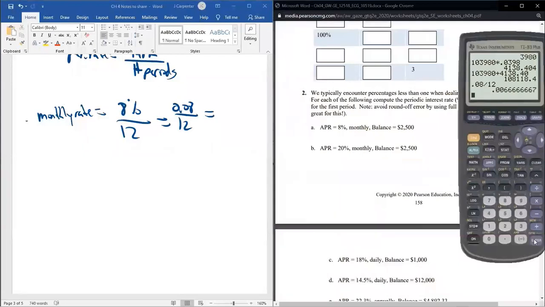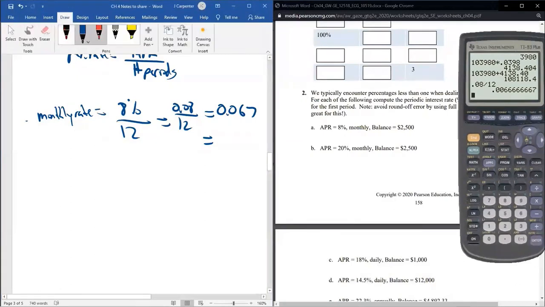0.006666666666. So when I write my answer here, I'm going to round it to 0.0067. Now, that is an actual answer, but it's a decimal. We like to see our rates as percentages. The annual rate was written as a percentage, so let's convert this to a percentage. I'm missing a 0, aren't I?